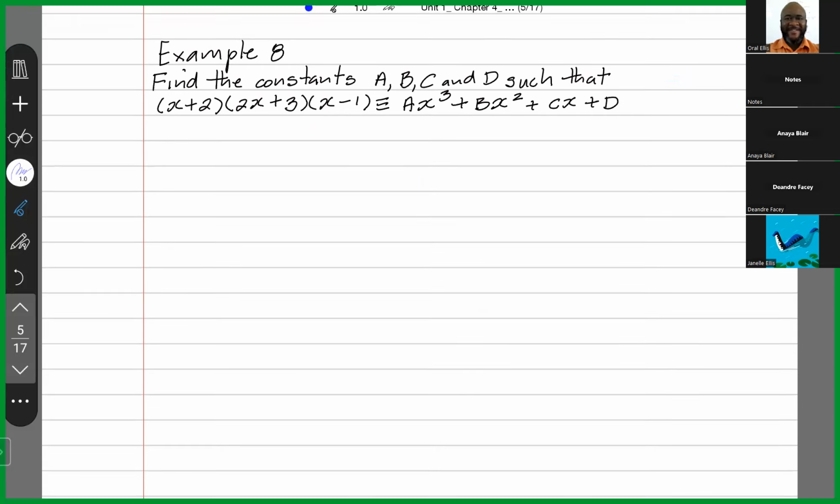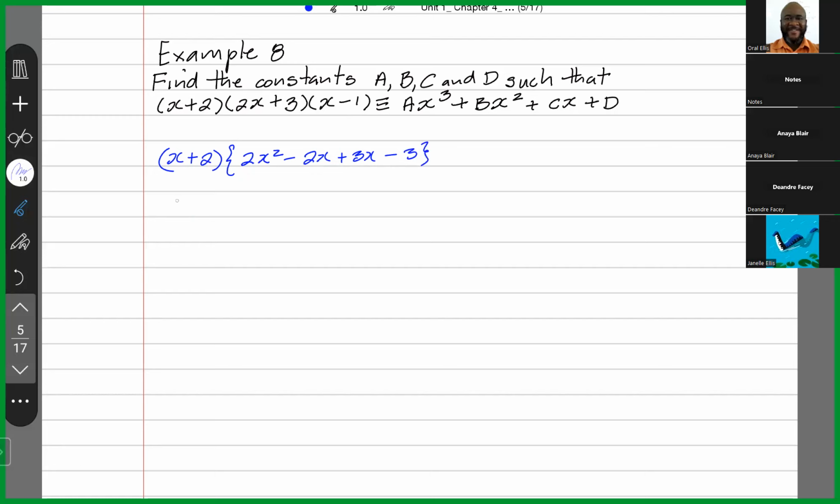All right, so in 8, we're multiplying 3 binomials. Normally, when I'm multiplying 3 binomials, I start by multiplying the two most right binomials. So this is going to be x plus 2 multiplied by 2x squared plus x minus 3. Here, 2x times x is 2x squared, 2x times minus 1 is minus 2x, 3 times x is plus 3x, and 3 times minus 1 is minus 3.